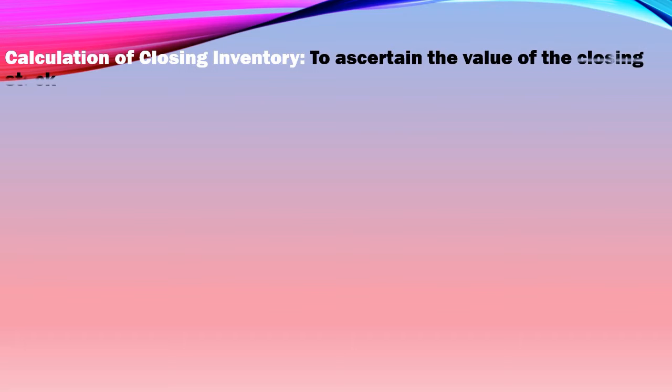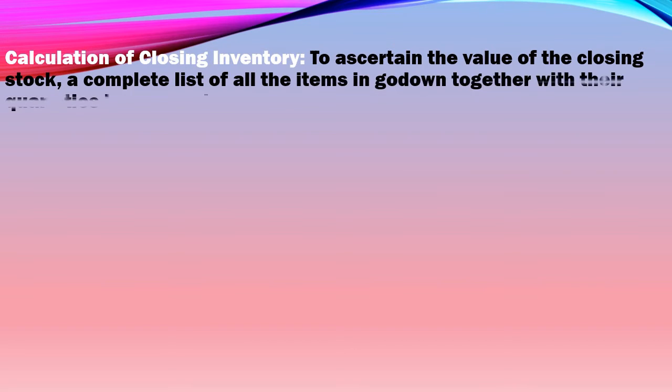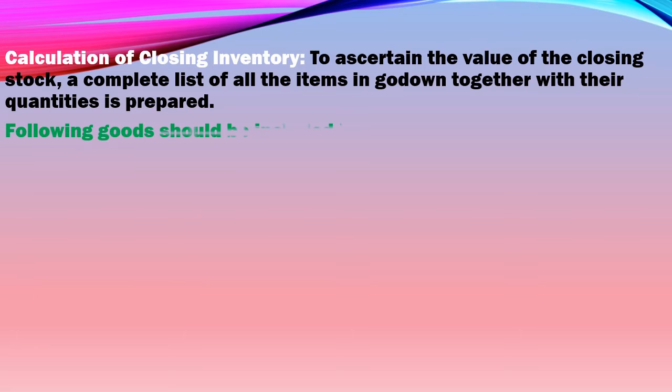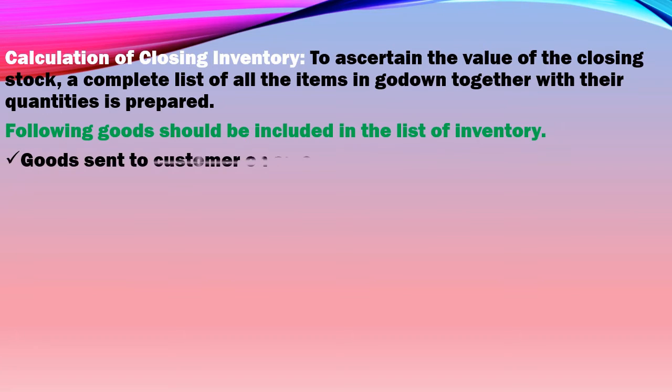Next we have calculation of closing inventory. To ascertain the value of closing stock, a complete list of all the items in the godown together with their quantities is prepared. So when we calculate the closing inventory, the following goods should be included in the list of inventory. The first one here is goods sent to customer on sale or return basis.